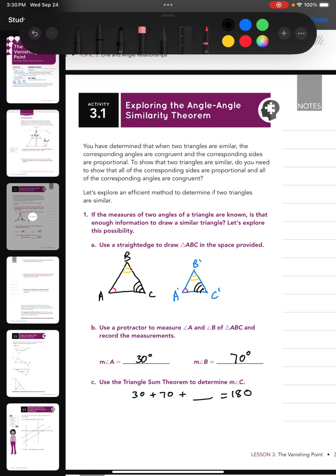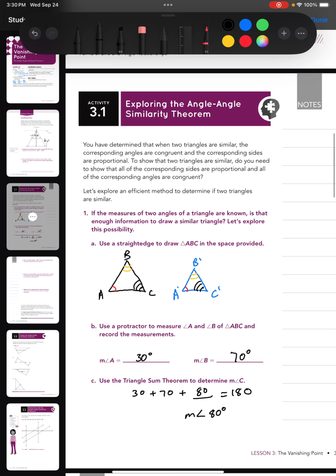So 30 plus 70 gives us 100. So we know angle C has to be 80 degrees. And if angle C in the original triangle is equal to angle C in the new triangle, angle C also has to be 80 degrees.